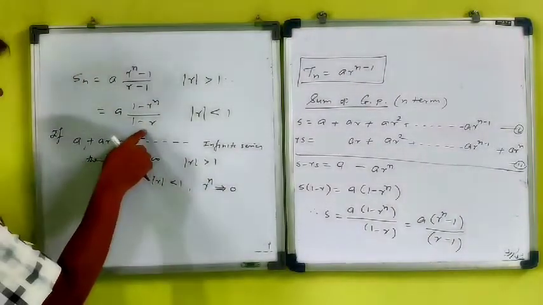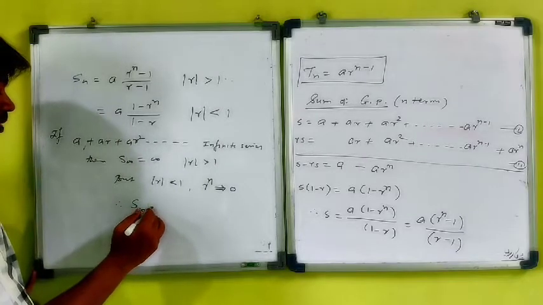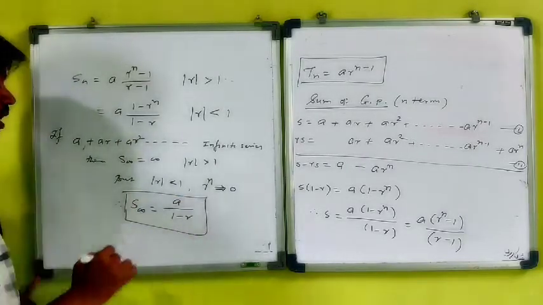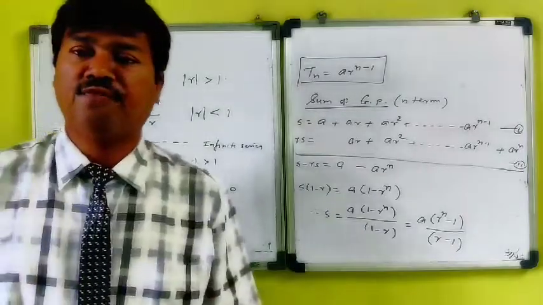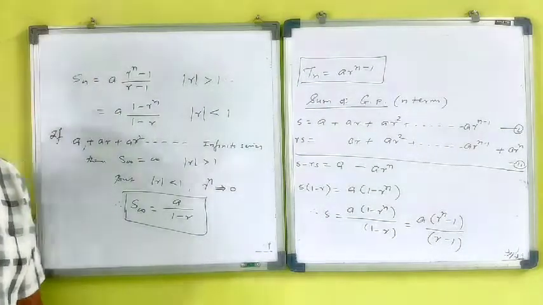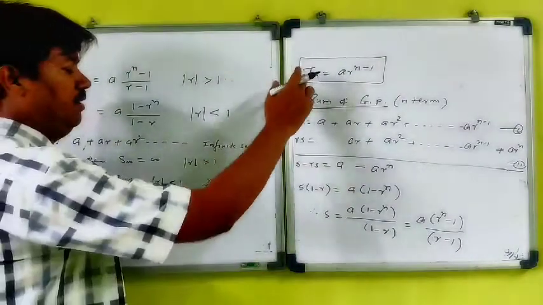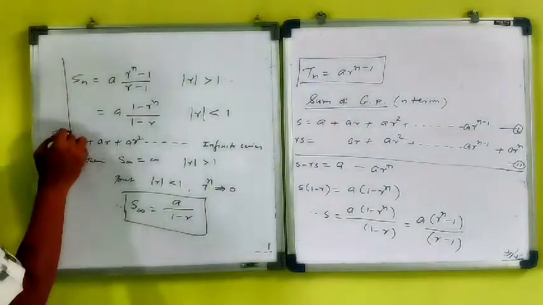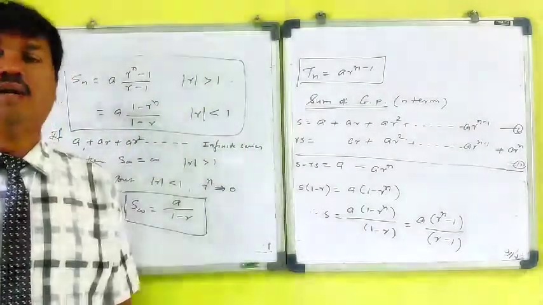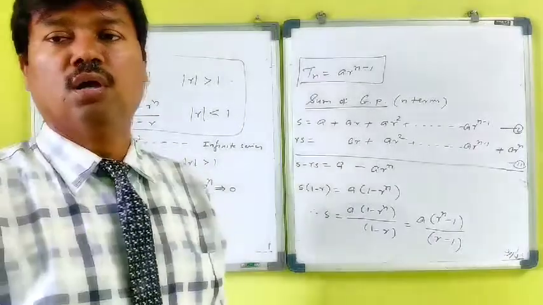So we put that in this formula, therefore S infinity becomes A upon 1 minus R. So that is the formula to find the sum of an infinite series in geometric progression. So these are the formulas here: Tn, this is Sn, and this is S infinity. That is an important formula which you have to note down.